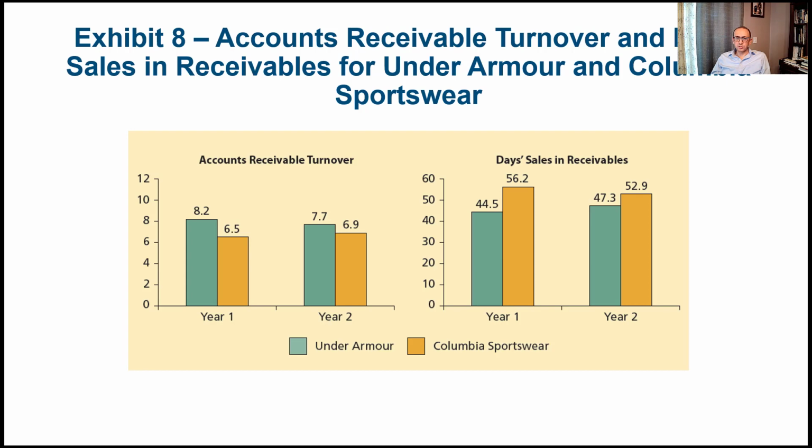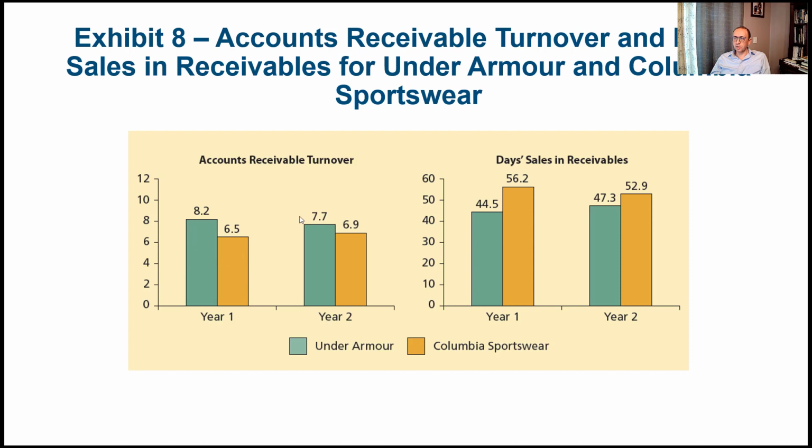So here we have just a comparison of the accounts receivable turnover, and you can see here it was 8.2 compared to Columbia Sportswear, which is a competitive or comparable company, at 6.5, and for year 2 it is 7.7 compared to 6.9 for Columbia. And I think this shows that Under Armour is actually doing better.